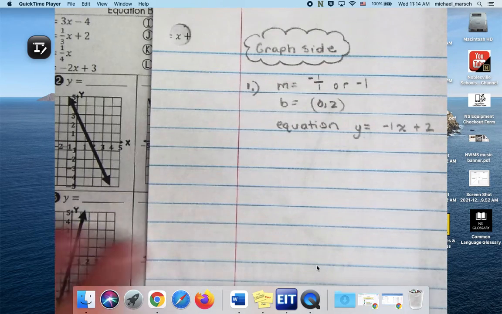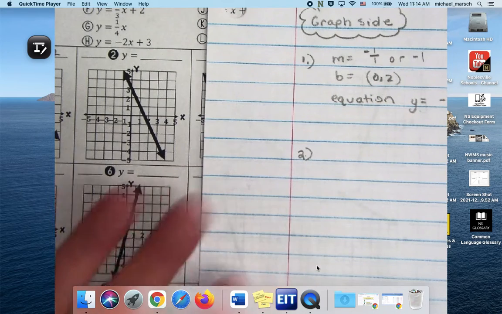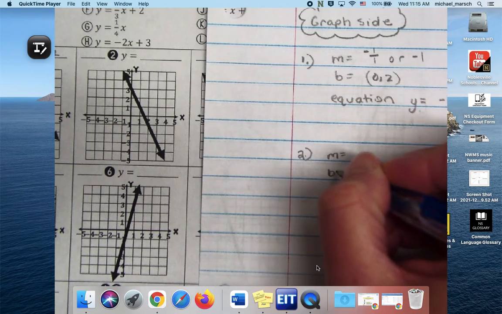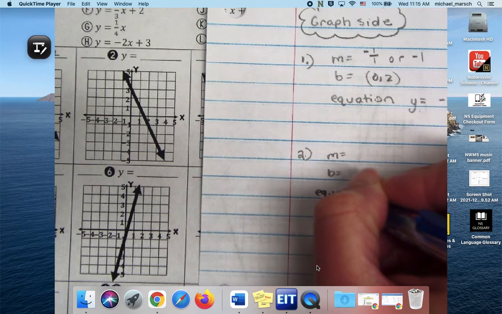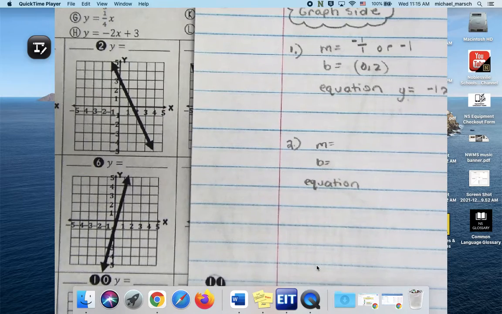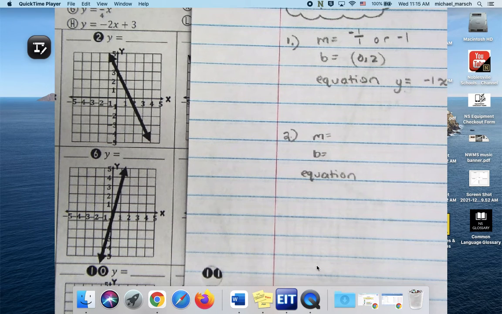Let's look at number 2. I need my slope, I need my y-intercept, and then I'll write the equation. So what's my slope?